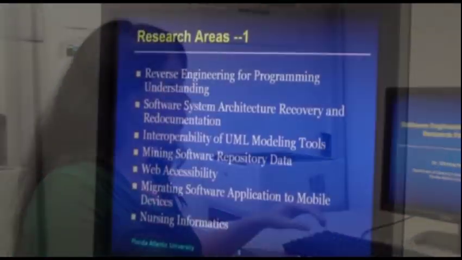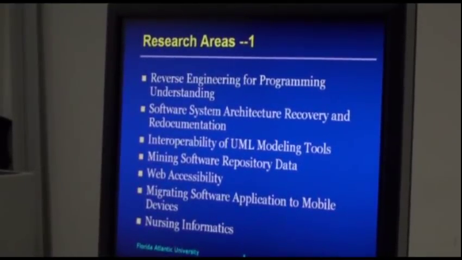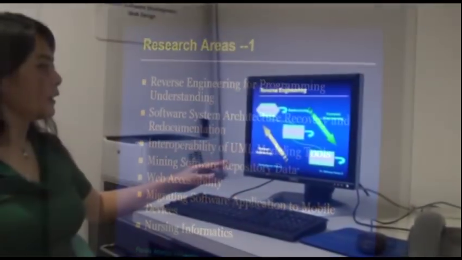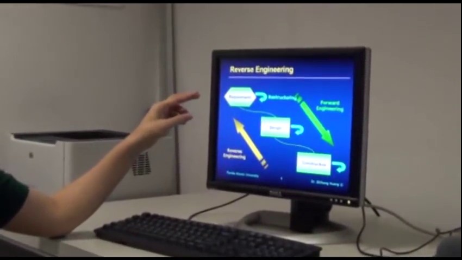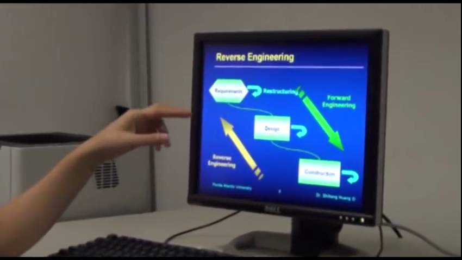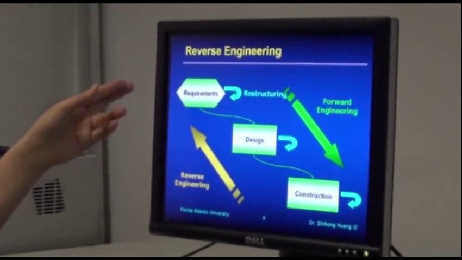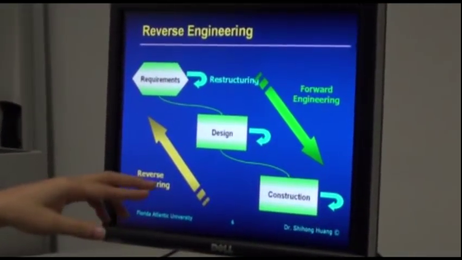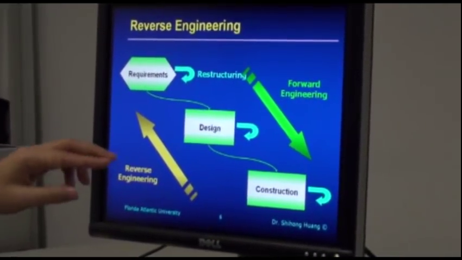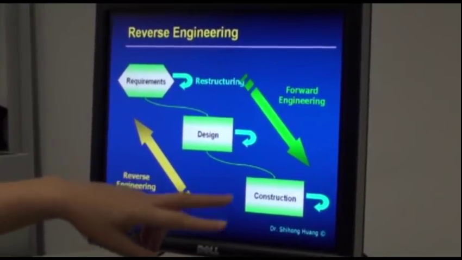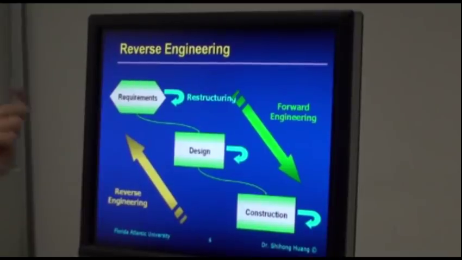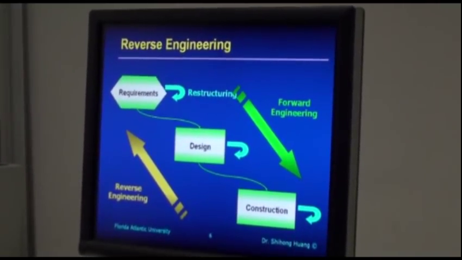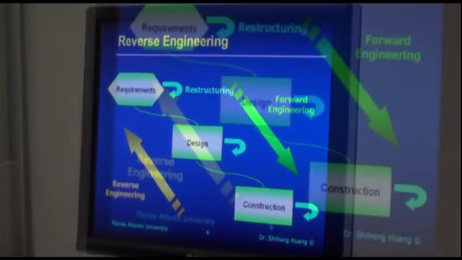Software engineering laboratory here in FAU. In terms of the research topics that we have been doing here in the lab, I'll give you an overview. So essentially, reverse engineering is the opposite of forward engineering, where normally you have requirements, design and construction. For reverse engineering, you go backwards. You go from the code, and you try to understand the infrastructure and the relationships at an abstract level of the information of the system.